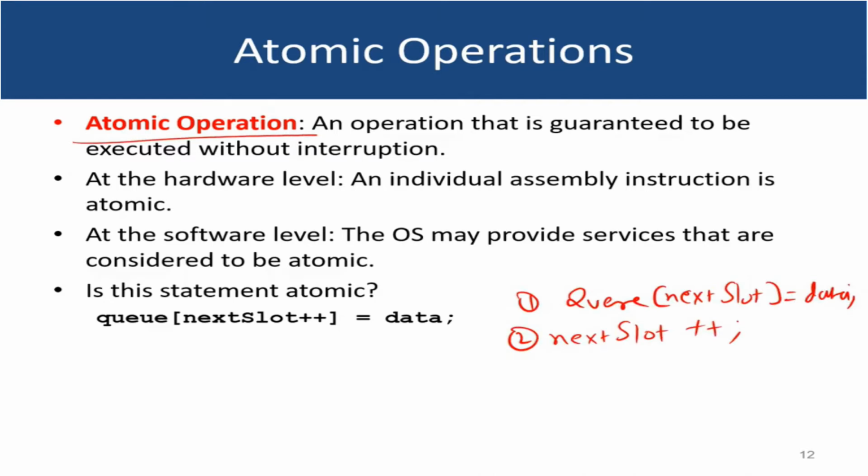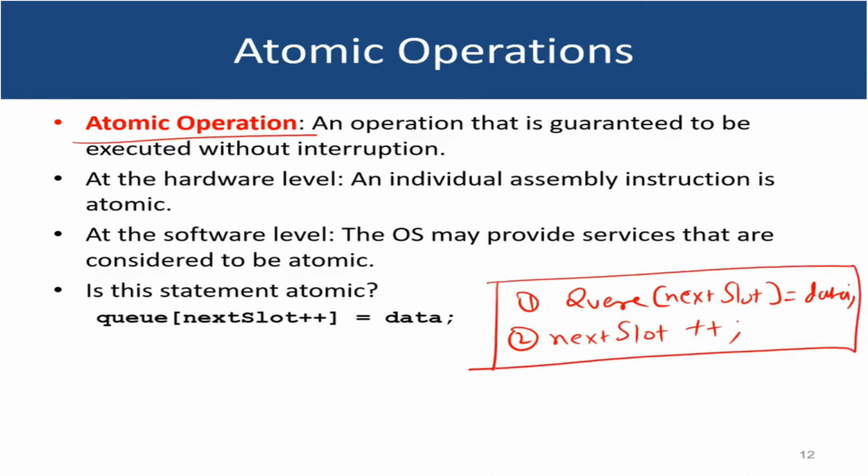In our previous example, if we enforce the requirement that both these two instructions inside each thread should either execute completely together, one after the other, without interruptions, or none of these two instructions should start executing at all, then these two statements would comprise an atomic operation.